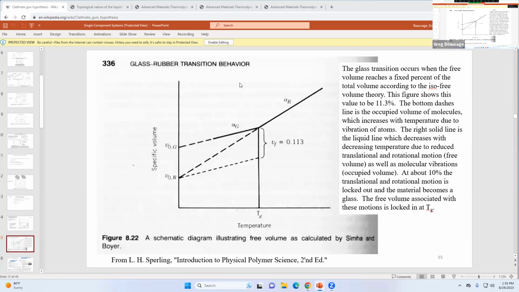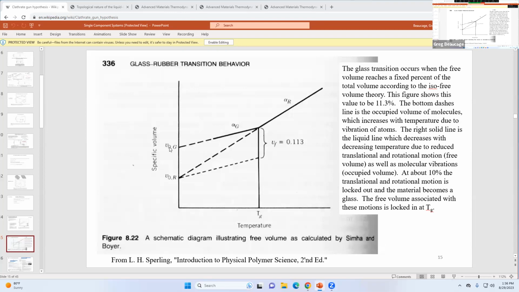You can say there's two volumes. There's an occupied volume and a free volume that makes up what a material is. As you reduce the volume of the material, you're reducing this free volume. And then the solid volume is like when you reach bottom, there's no more room to squeeze. So as you cool it down, you reach some kind of free volume percent.